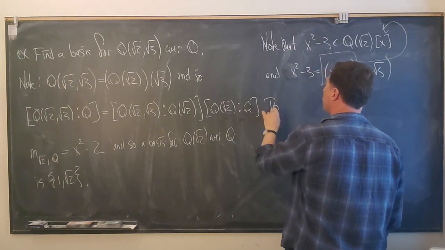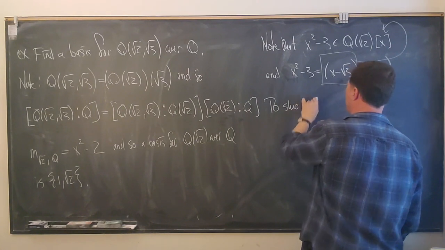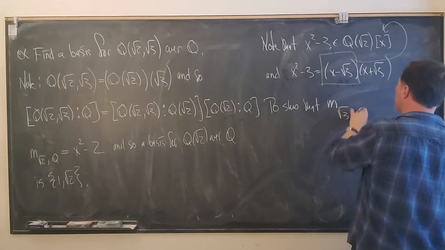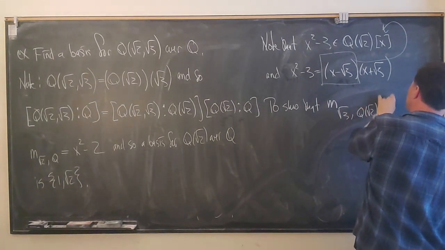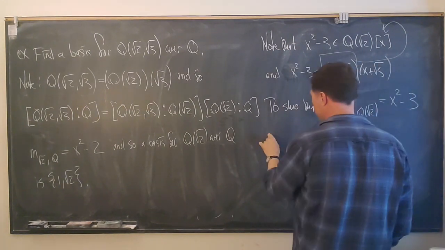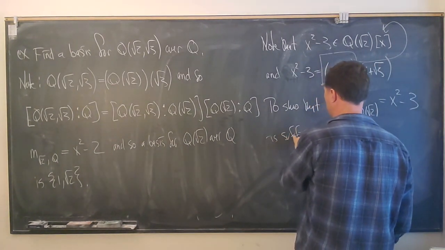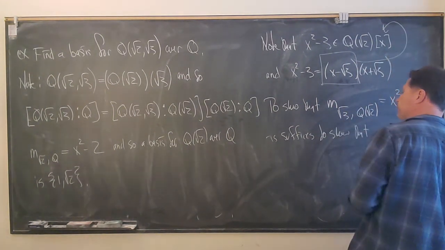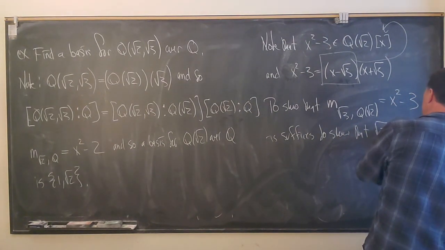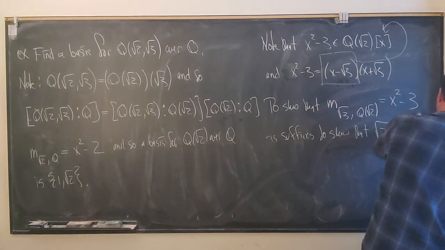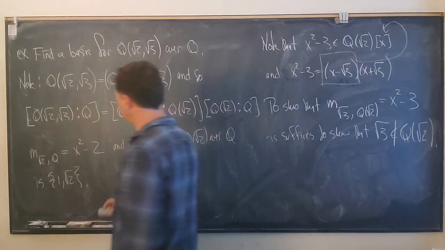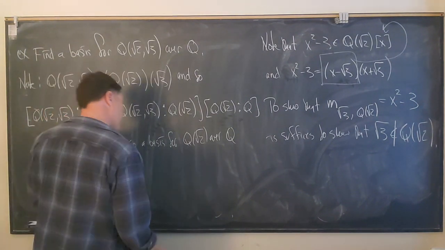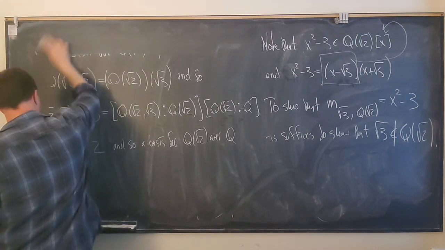Okay, so to show that the minimal polynomial for square root of 3 over Q adjoin root 2 is equal to x squared minus 3, it suffices to show that root 3 is not in Q adjoin root 2. And good thing we found the basis for Q adjoin root 2. It's right there. So we know what all elements of Q adjoin root 2 are now.